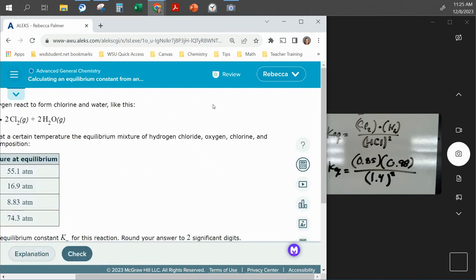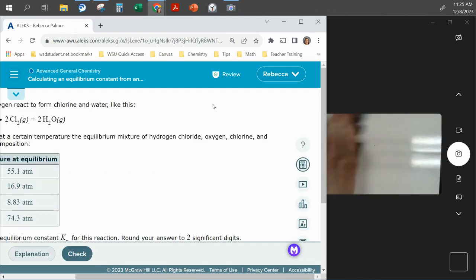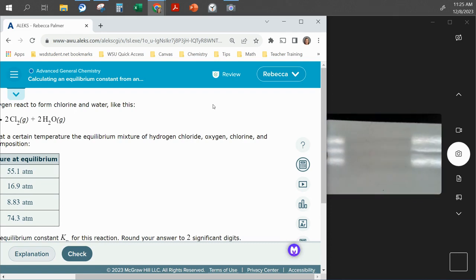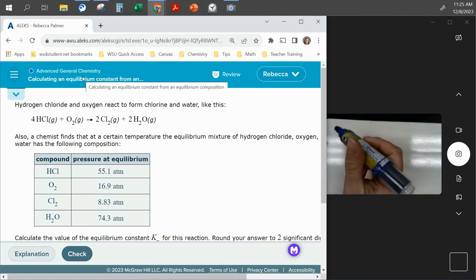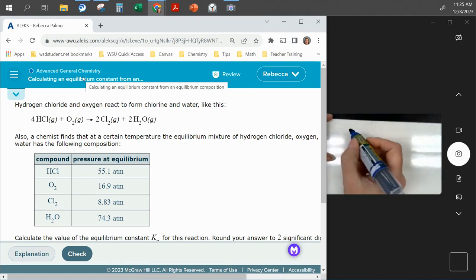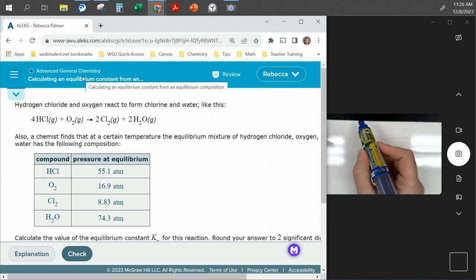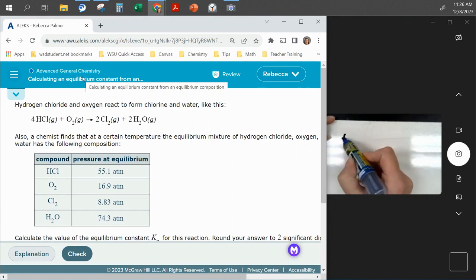Let me erase the notes. Okay, so this one, is this the same one? Oh no. Okay, great. This one has lots of values. So we're going to put the concentration of the products on the top over the concentration of the reactants. This is actually pressure, so we don't need concentrations.